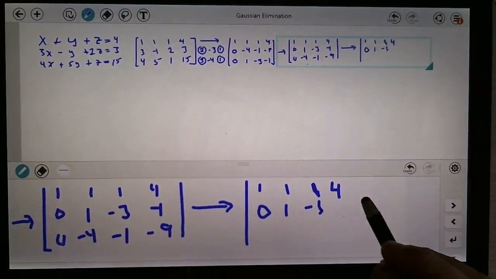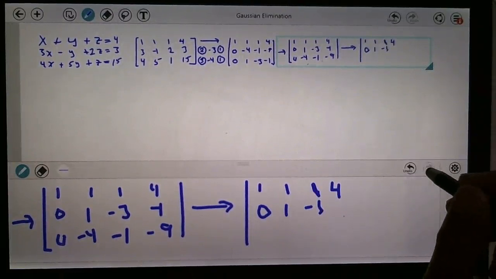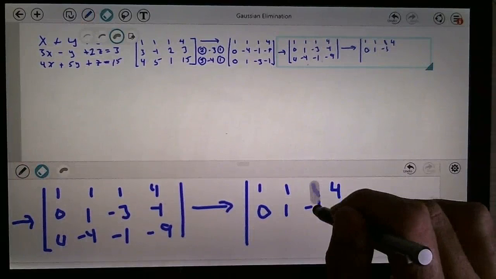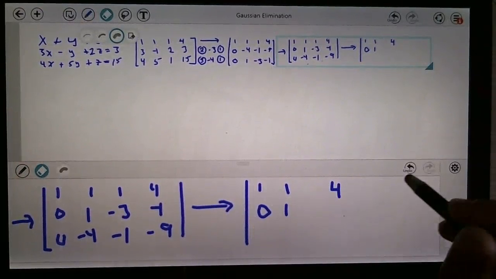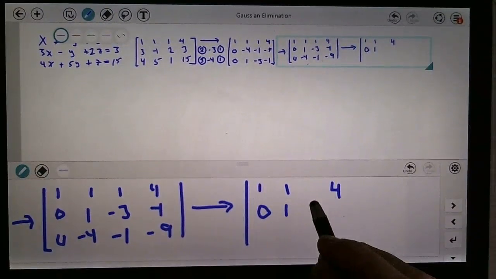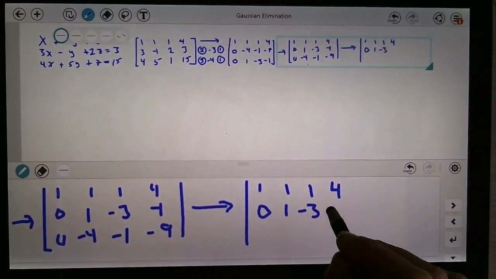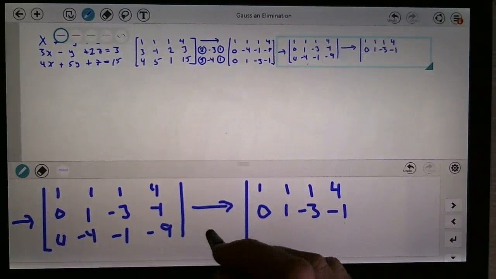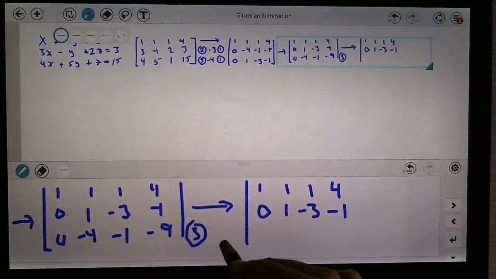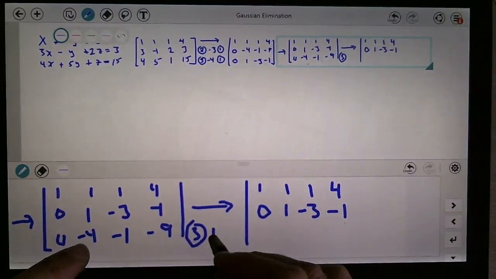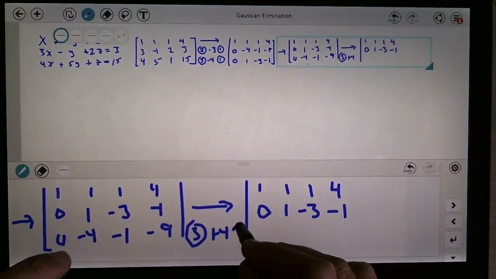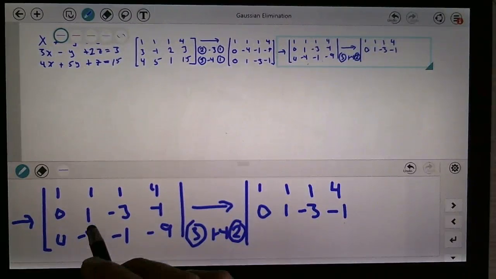That's a 1, isn't it? Let me try something here. That looks better, -1. And then I'm going to replace row 3 by row 3 plus 4 times row 2, right?